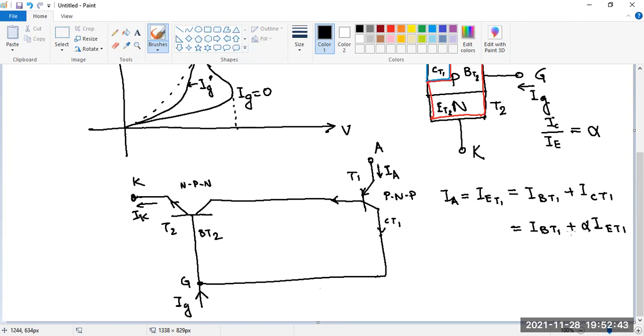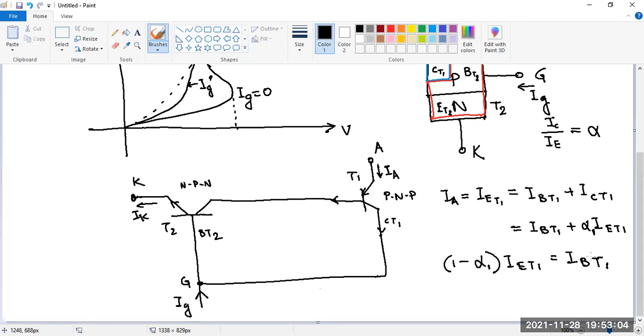Understood? So if we take it this way, it will be 1 minus alpha, sorry, I have to write alpha 1 because it is for transistor 1, times IET1 equals to IBT1.